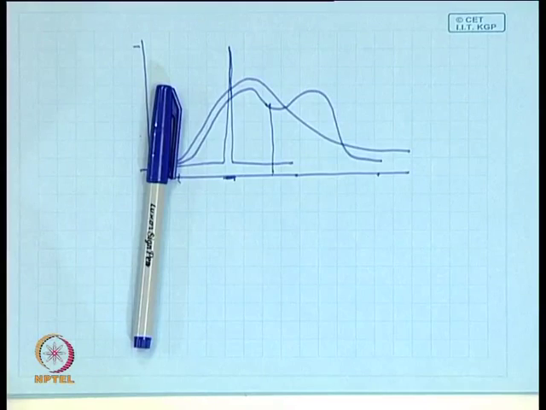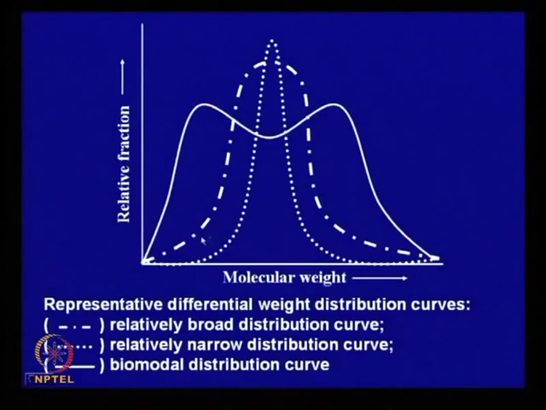So, the portion present on the low molecular weight side contributes to the processing characteristics of the polymer, whereas the higher molecular weight fraction contributes to the mechanical properties, thermal properties, all those properties.